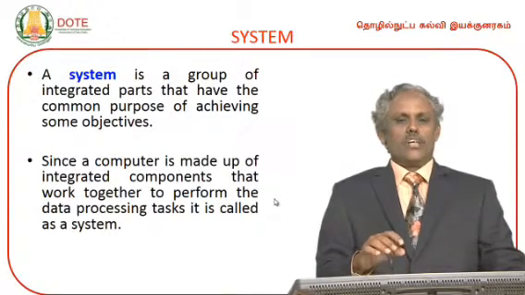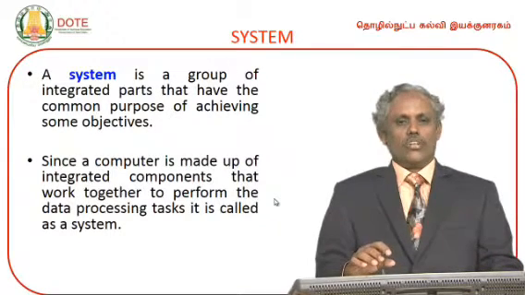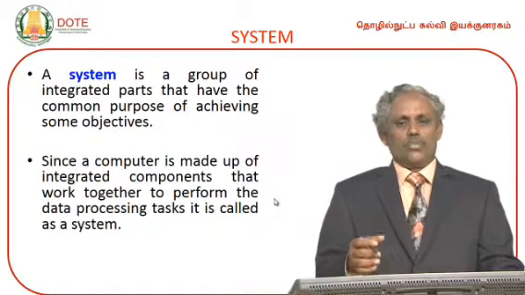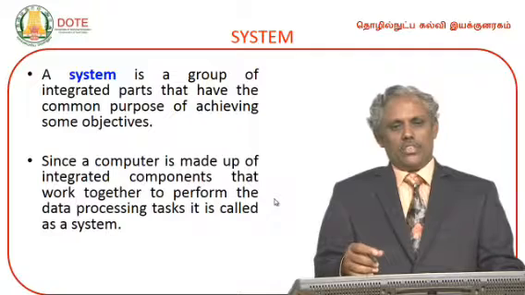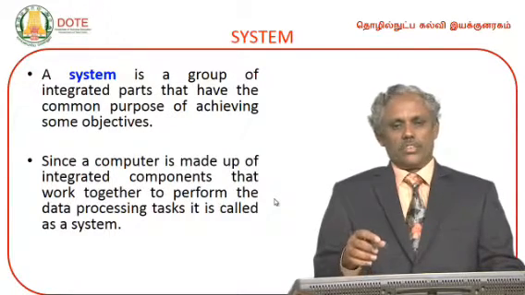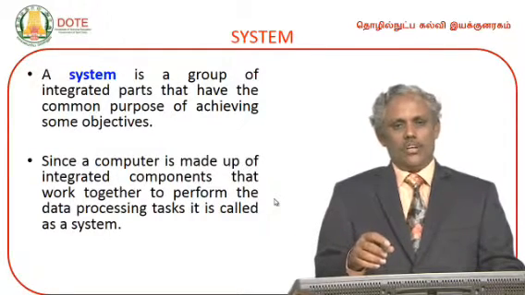Normally a system is a group of integrated parts that have the common purpose of achieving some objectives. Computer is also made up of integral components. They work together to perform the data processing task. That is why it is called a system.